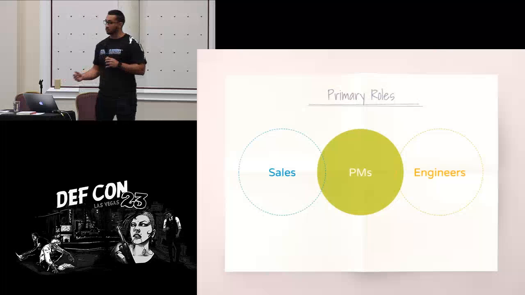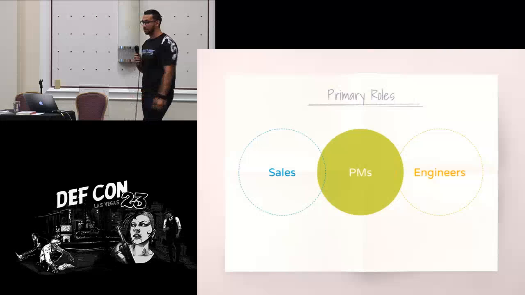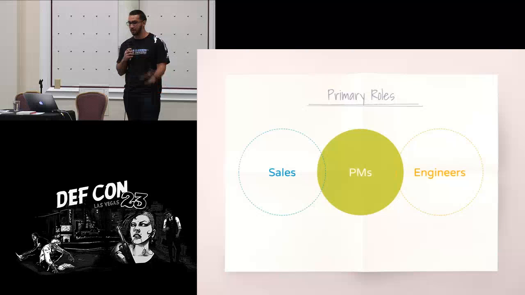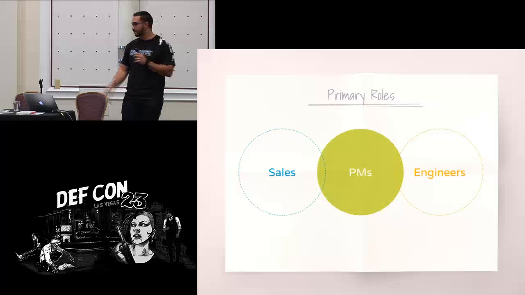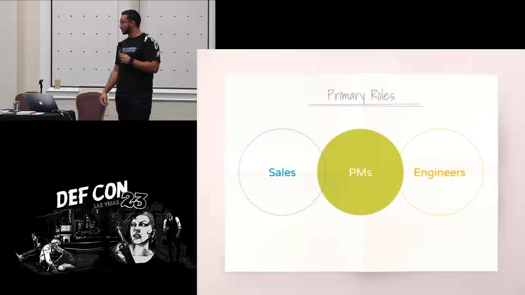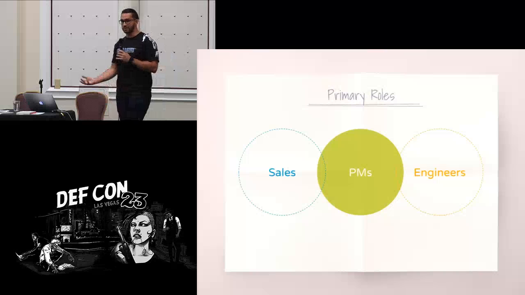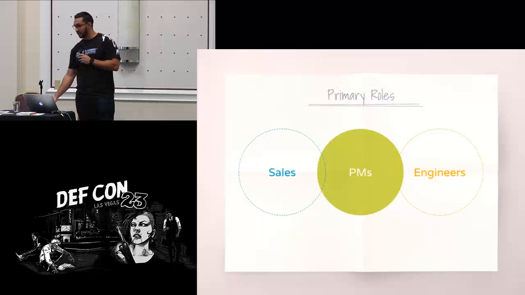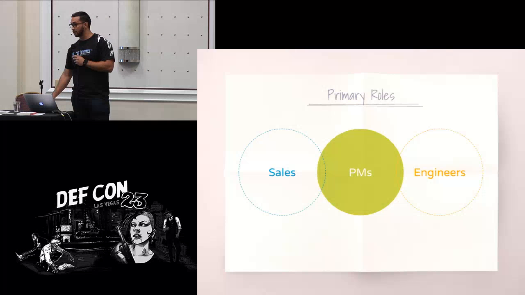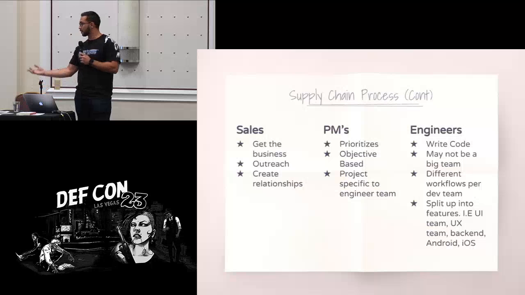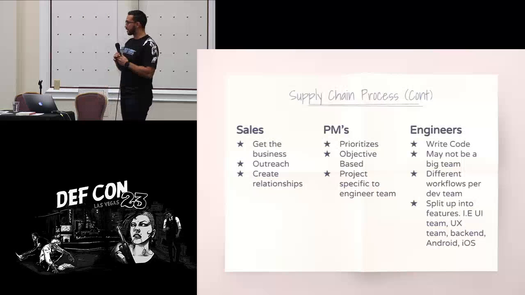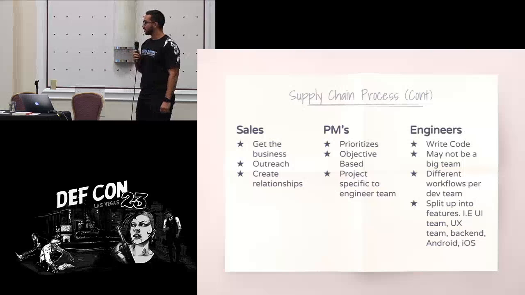In these startups, for the most part, you have very few established IoT companies, and the established ones are the bigger companies that bought out smaller companies, so likely it's still a startup within a big company. The core functions are usually sales, project managers, program managers, and the general engineers working around the clock to make this product go to market. Their job duties: get the business, outreach, create relationships.